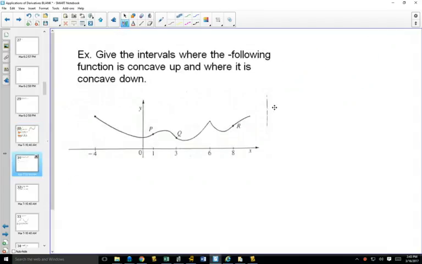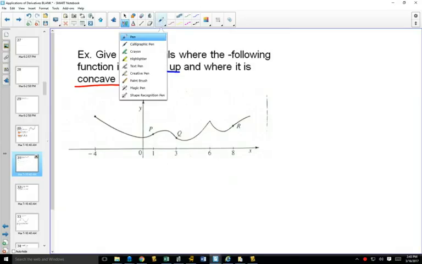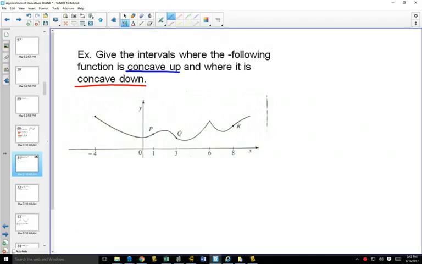So we will do happy in blue, not so happy in red, and just color code this. I'm going to use blue crayon instead of just blue. Concave up. Can you see from here to here? It's concave up.